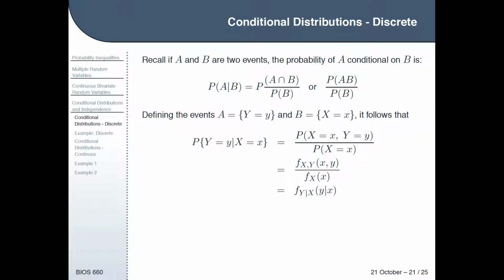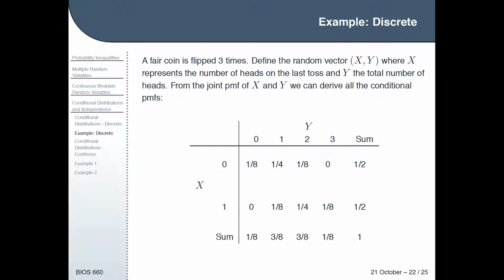And this is precisely how we define a conditional distribution: you take the joint PMF or PDF, divide it by the marginal, and then we call that the conditional PDF or PMF. So this is called the conditional probability mass function of y given x.